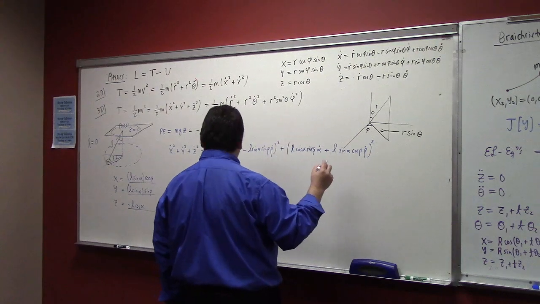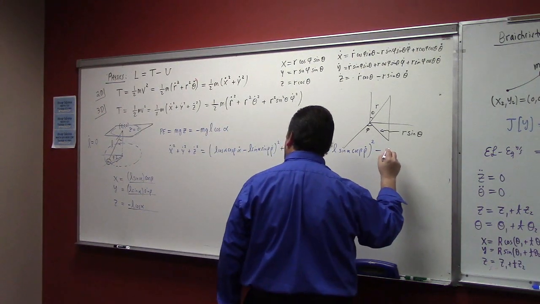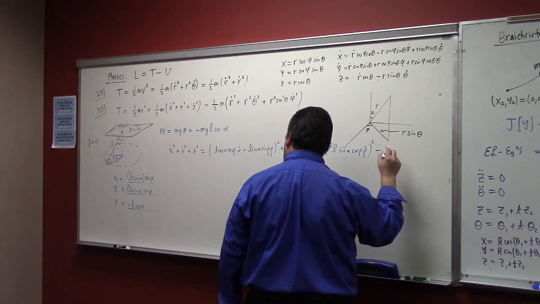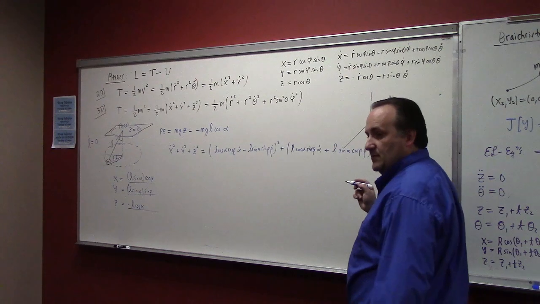And alpha dot is 0, correct? No, alpha dot's not 0. Alpha and beta are both functions of time.